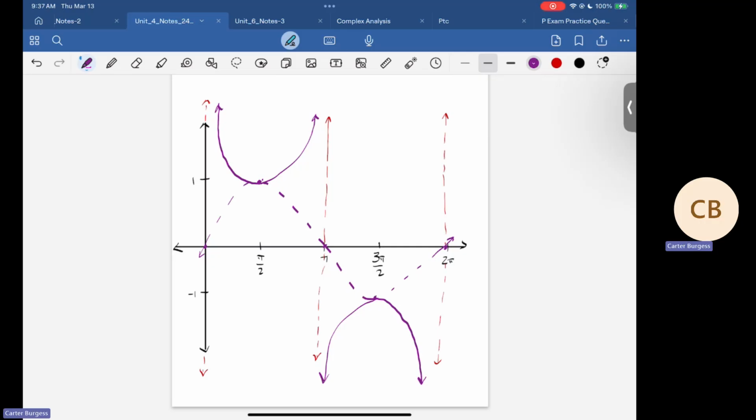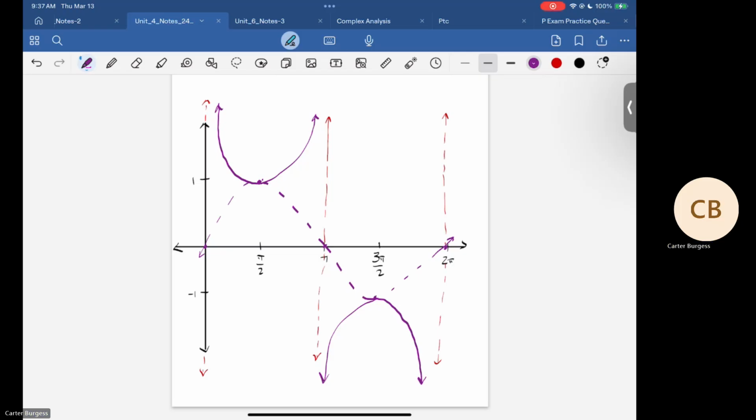We're going to graph the sine function with a dashed line, just to make sure we know it's not part of our graph. Everywhere we have a 0 or a midline point, that becomes an asymptote. Everywhere we had a maximum, it flips upside down and becomes a minimum. Everywhere we had a minimum, it flips upside down and becomes a maximum.